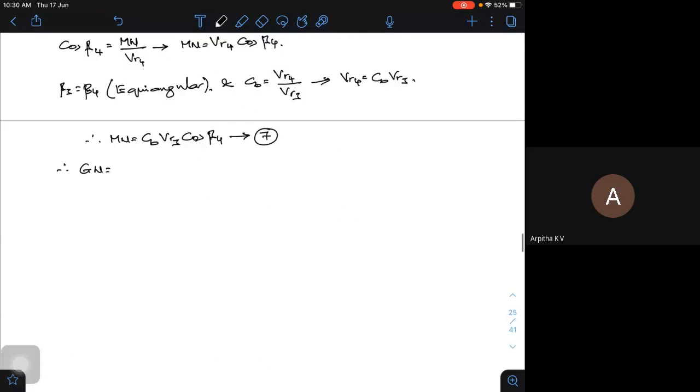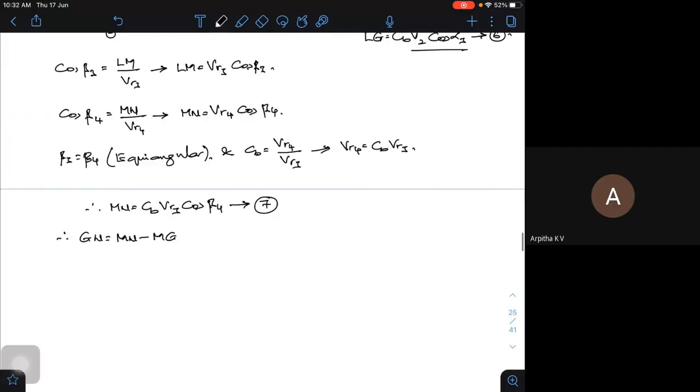What is your Mn? Mn is equal to, just now we have found, CB into VR3 into cos beta 4 minus U. This is what we got.